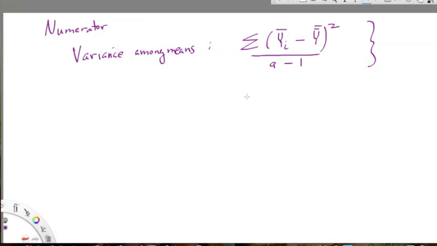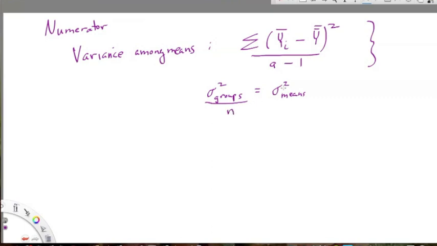Okay? But the way maybe to think about it is the variance among means is the variance of groups divided by n.